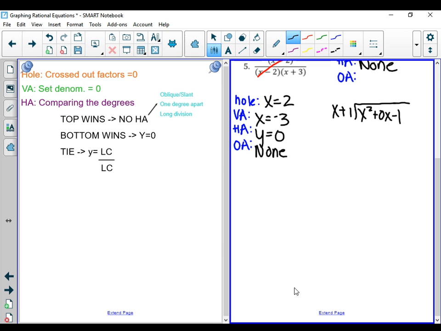Then I'd say x times x is x squared, and x times 1 is x. Draw my line, change my signs. I get negative 1x minus 1, and I know I can multiply by a negative 1.